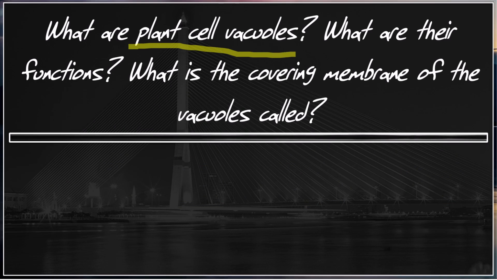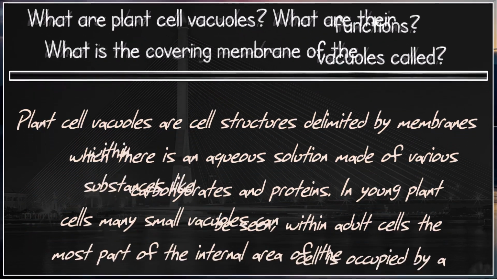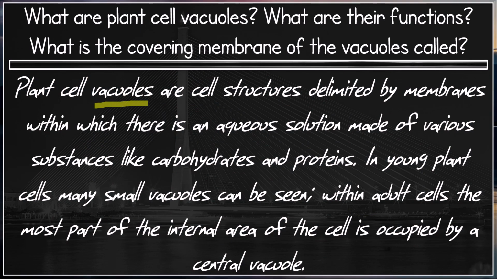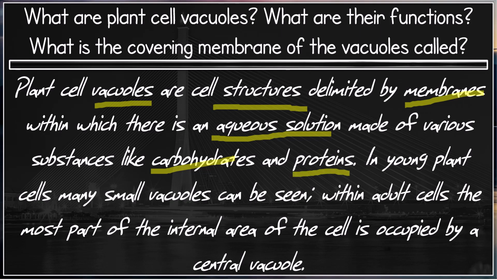What are plant cell vacuoles? What are their functions? What is the covering membrane of the vacuoles called? Plant cell vacuoles are cell structures delimited by membranes, within which there is an aqueous solution made of various substances like carbohydrates and proteins.